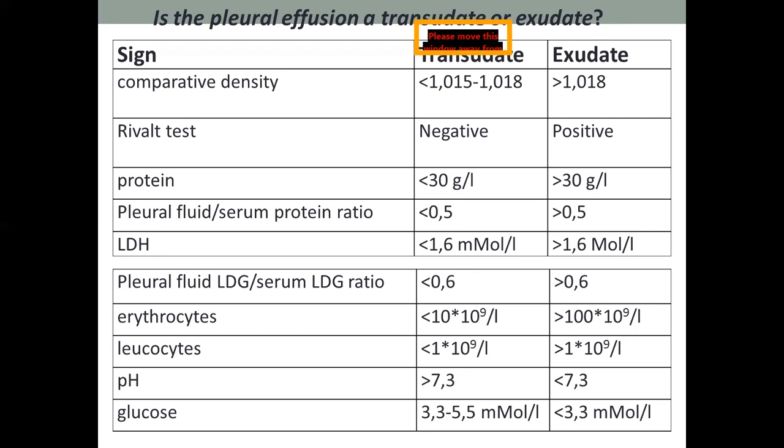And one is Rivalta test, which is done at the bedside. In this test, distilled water is taken in a tube, and a few drops of acetic acid are added to the distilled water in the test tube, and after that, one drop of pleural fluid is added to this tube.